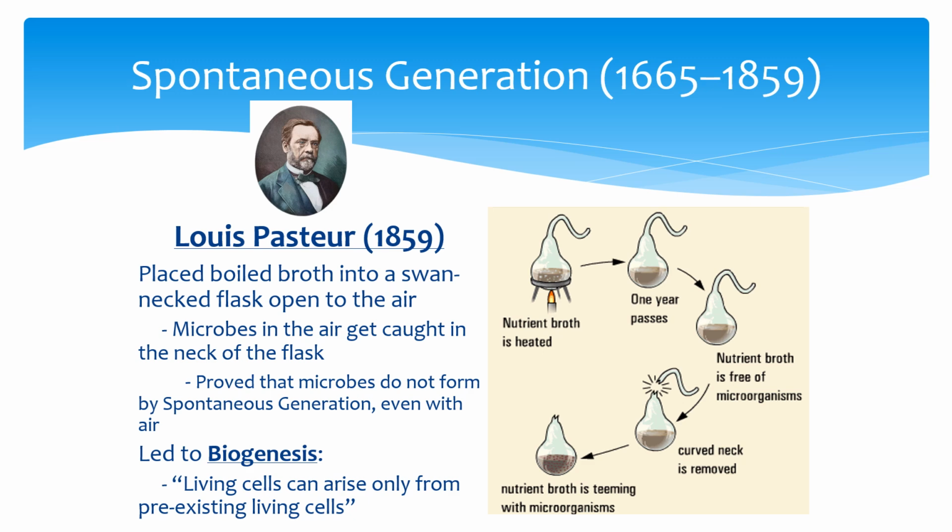He then boiled the nutrient broth and then let the nutrient broth in the flask with the swan neck sit for roughly a year. And in that amount of time, there was no microorganisms growing inside of that flask, which is really interesting.